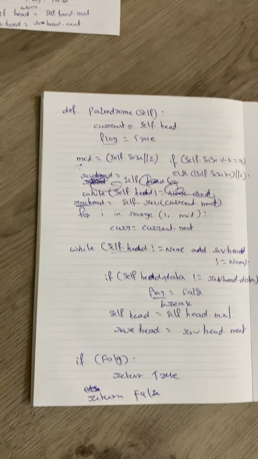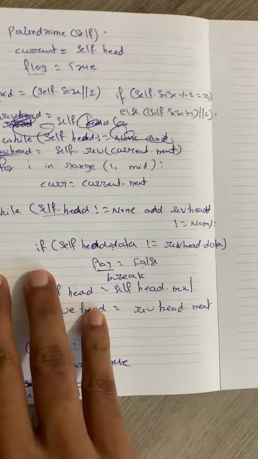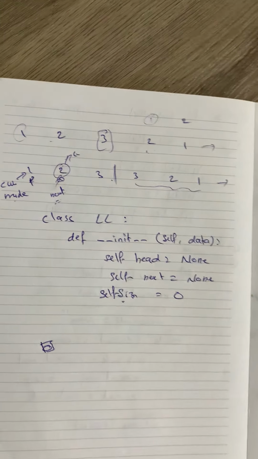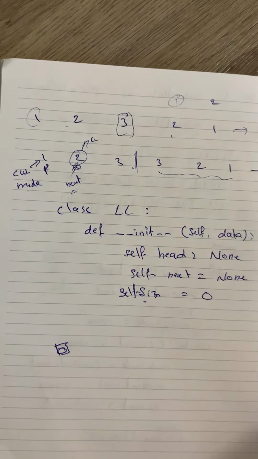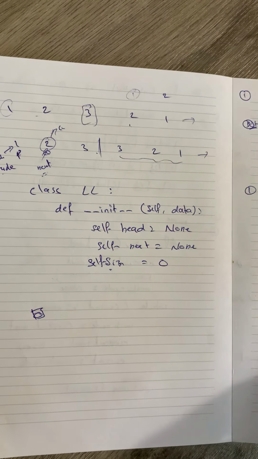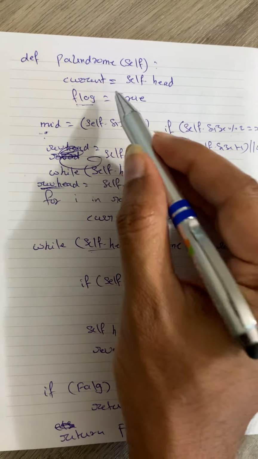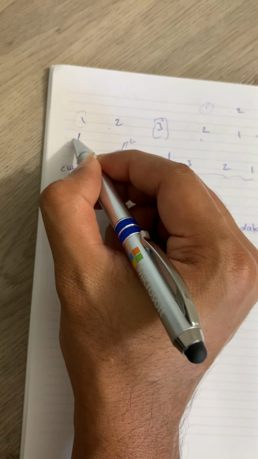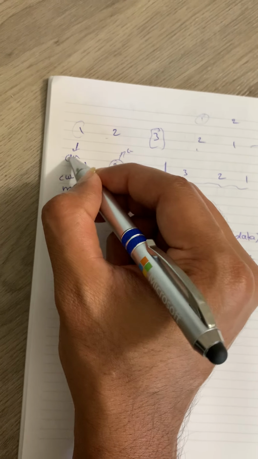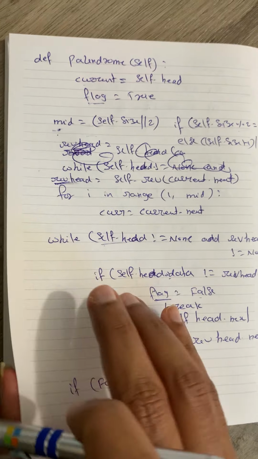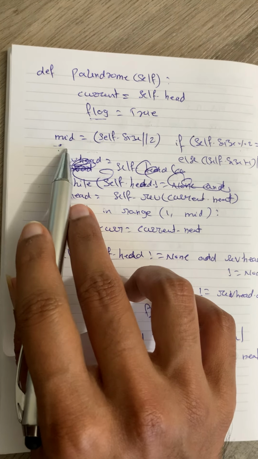So this is the palindrome function that I have. If you see this as an example, we go to the palindrome function, and we are taking self dot head. This is set to current, I'll just say C, and we're getting the mid pointer.